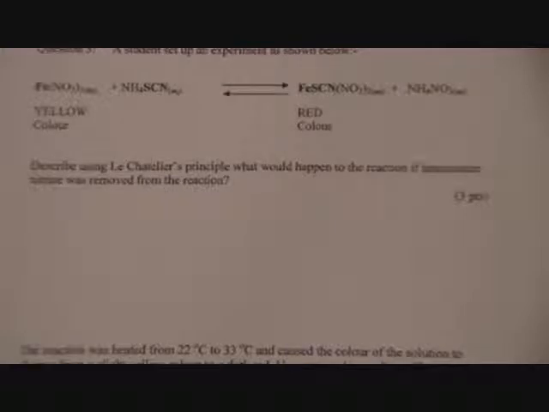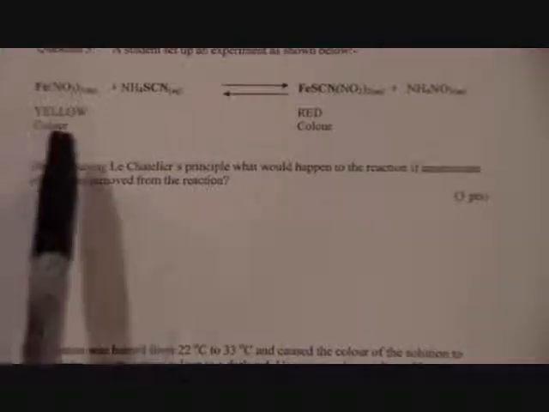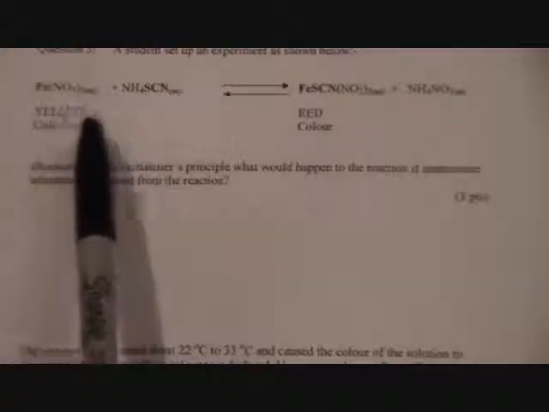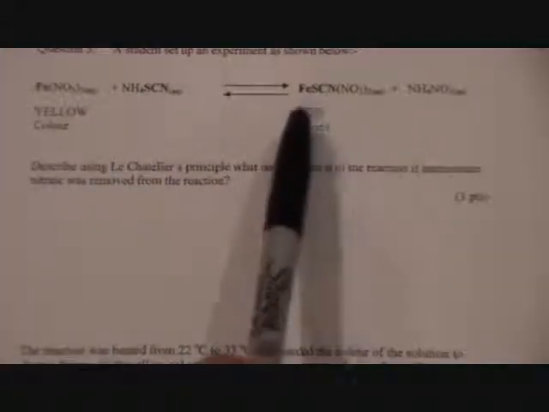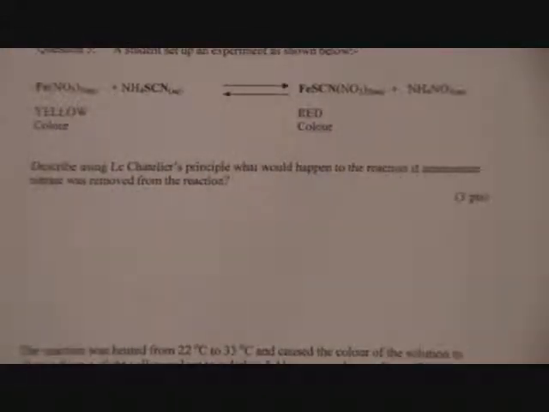On to question 3, and we're looking at an equilibrium system. There are competing reactions, the forward reaction which produces the iron thiocyanate nitrate complex, and that's red in colour. So as the forward reaction becomes dominant, the solution becomes more red, because that's the colour of the product from the forward reaction.